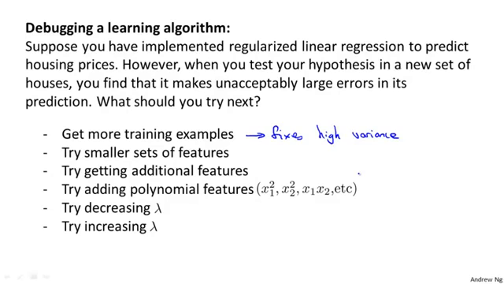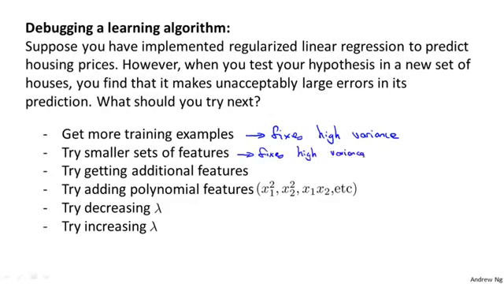So the first option is useful only if you, say, plot the learning curves and figure out that you have at least a bit of a variance problem, meaning that the cross-validation error is quite a bit bigger than your training set error. How about trying a smaller set of features? Well, trying a smaller set of features is again something that fixes high variance.